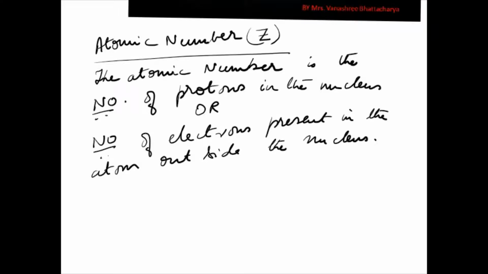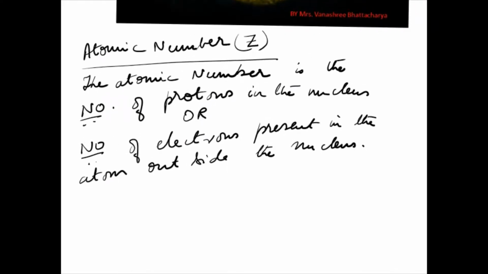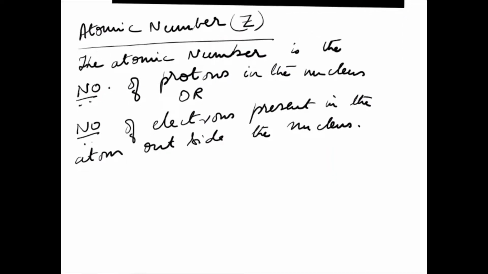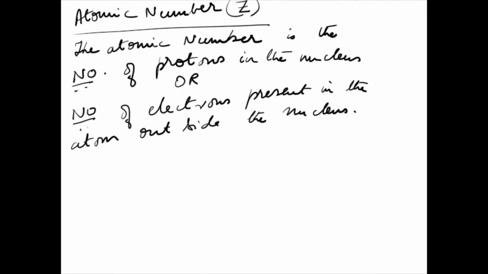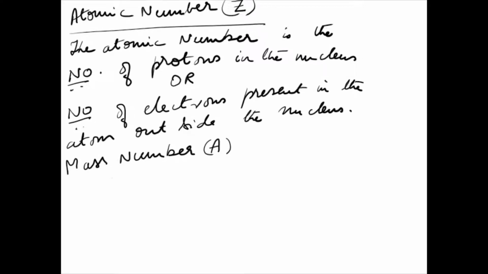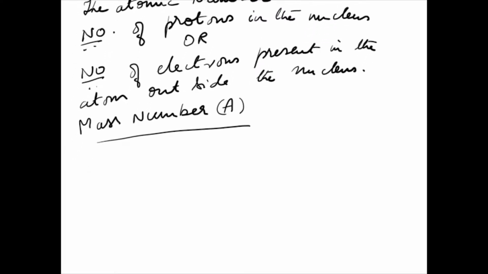Okay, so atomic number Z. Then mass number. Mass number is denoted by capital A.